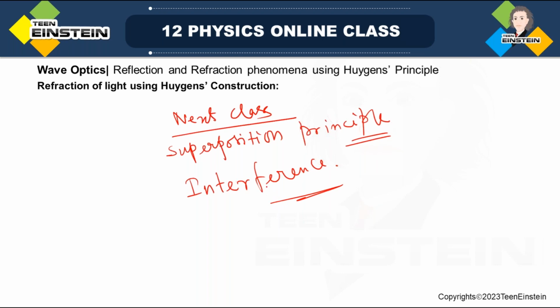A few more things we'll do here: coherent sources, non-coherent sources, etc. Those things we'll discuss. Then we'll go for the interference of light, etc.